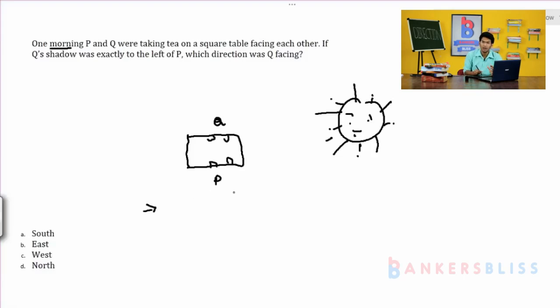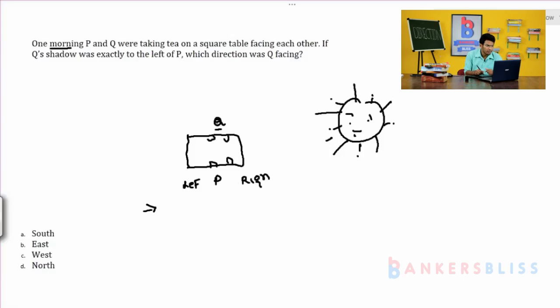Then Q's shadow, look at here, this person Q's shadow is exactly to the left of P. P is here, this is left and this is right. Why? P is facing the north and Q is facing the south.